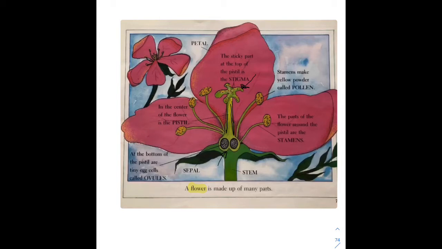When the insect brings the pollen, the little yellow stuff here, from another same type plant, that pollen gets on the stigma that's sticky, and then it grows down to the bottom, and that is what makes a seed. And here we have lots of stamens, and those stamens contain lots of pollen, don't they?